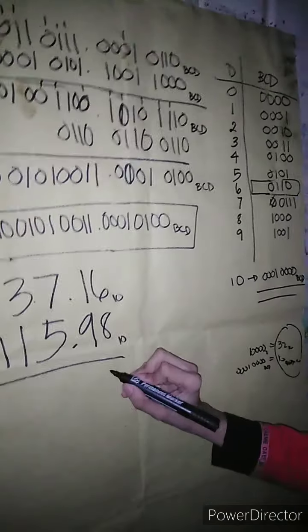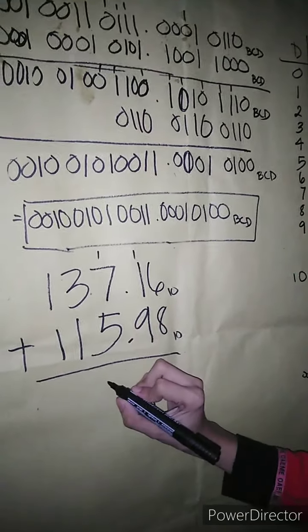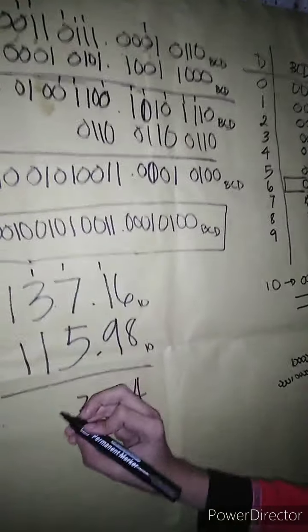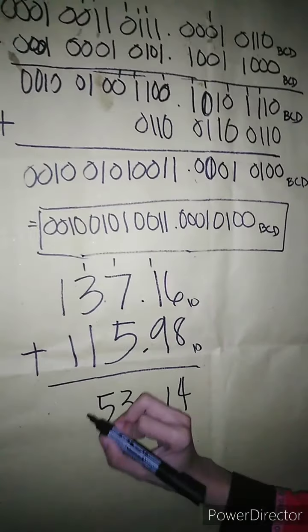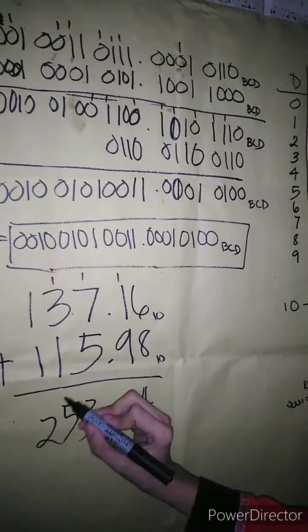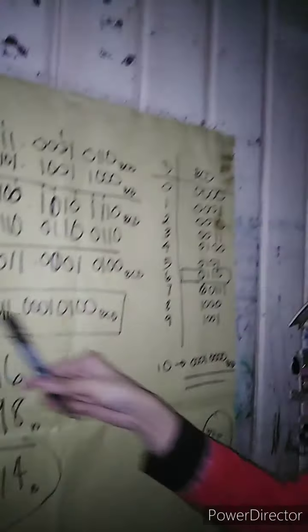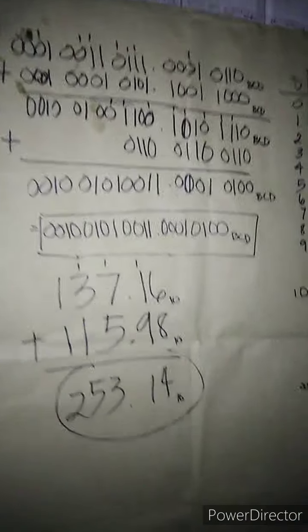Adding this one, we have 4 carry 1, 1 carry 1, 13 carry 1, 5 to 10. Okay. Now let's check if the decimal equivalent of this one is this one.